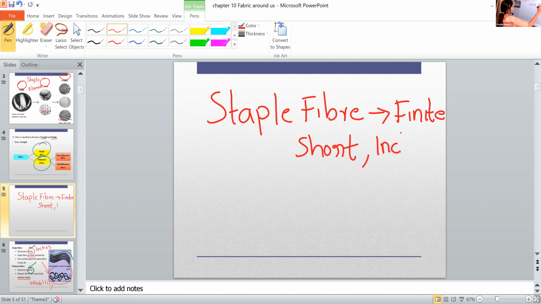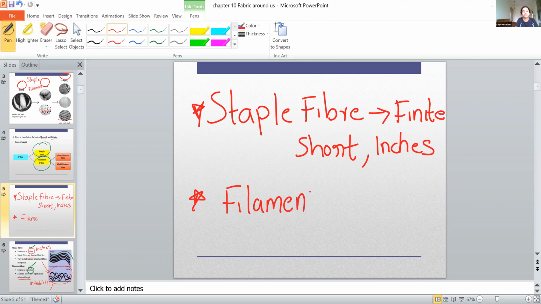Yes, very good. Then the next one is filament fiber. What about the filament fiber? They are measured in meters. Very good. Then, they are infinite in length. Very good.